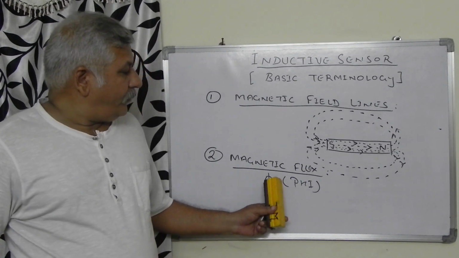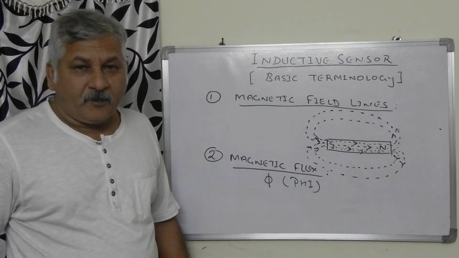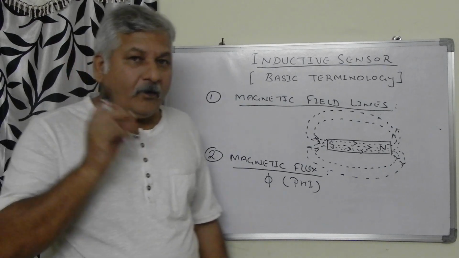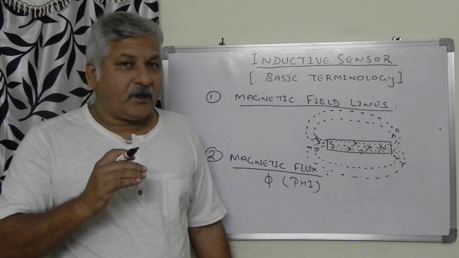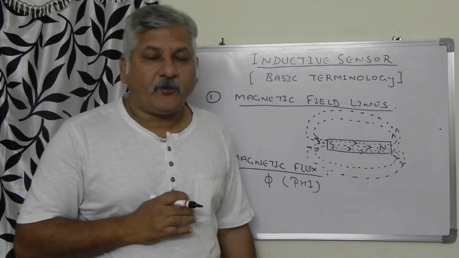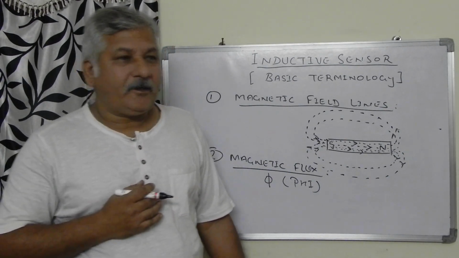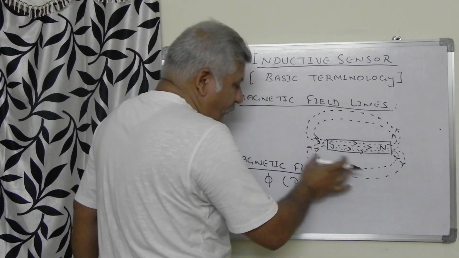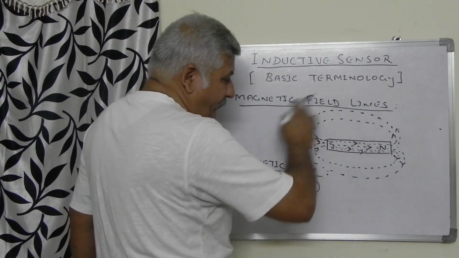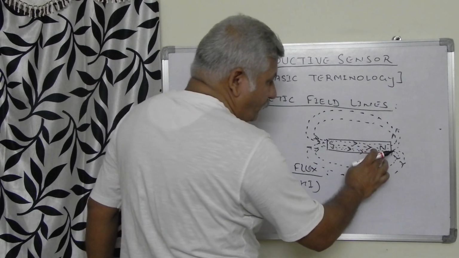Now the definition of magnetic flux is the total number of magnetic field lines which come out from the north pole. For example, we will take this particular case. In this case, this is the north pole.